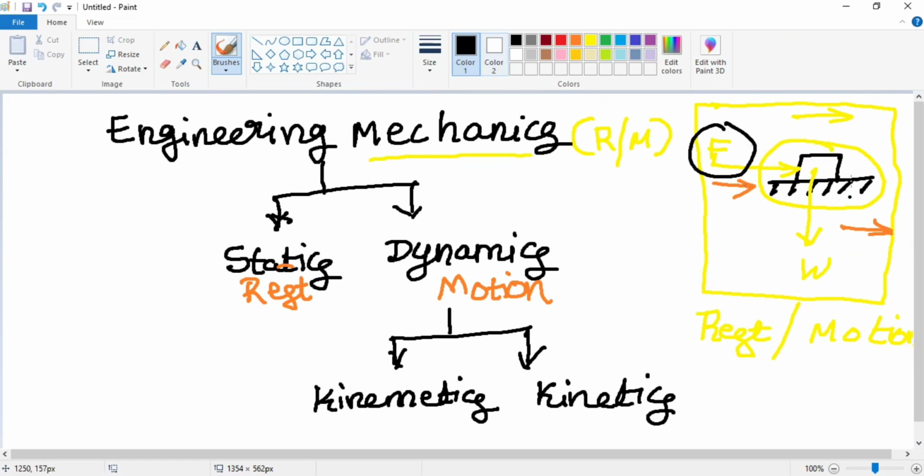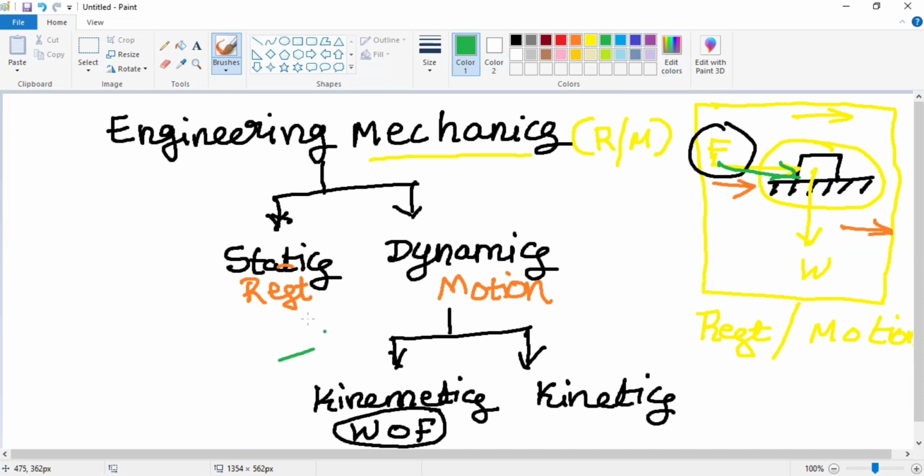While studying this body, if we do not consider the forces acting on the body, that is called kinematics. If you observe, this is the force applied, but while studying the body we don't consider any forces acting on that body. That is kinematics.